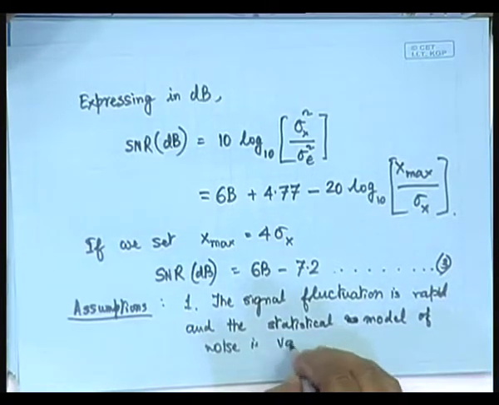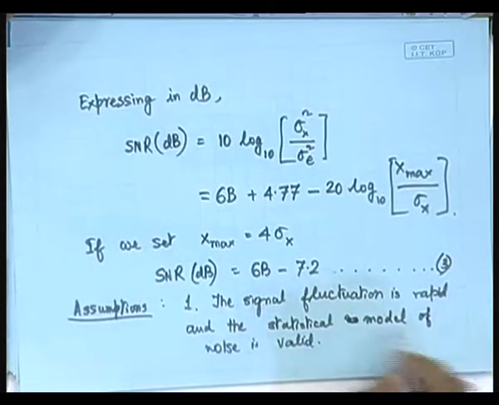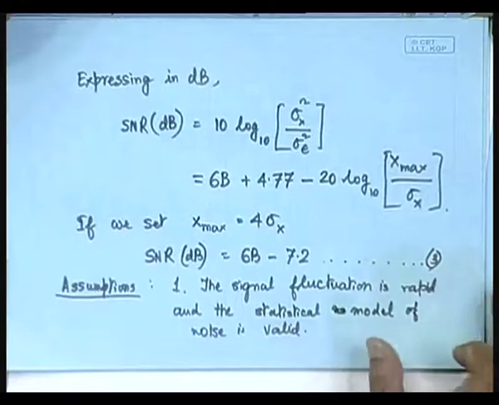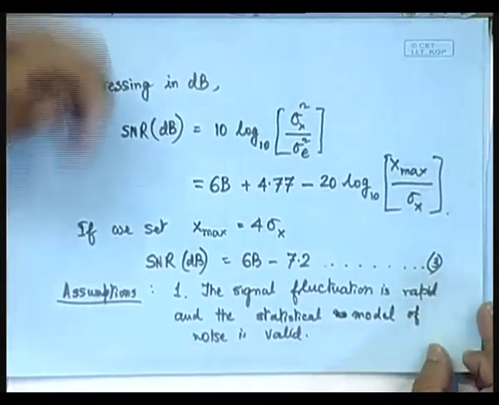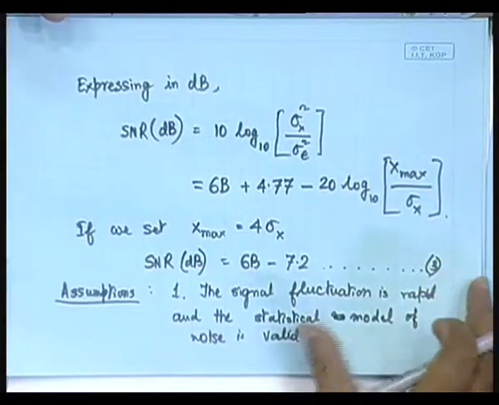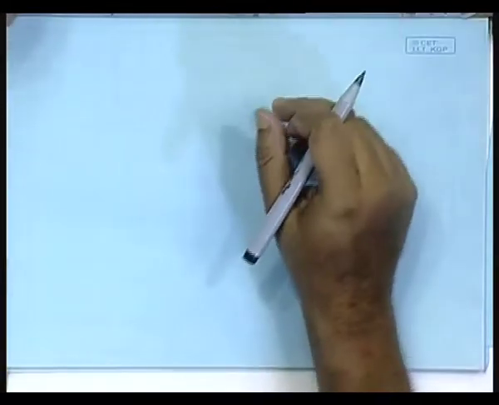Mind you, the statistical model of noise is valid for very rapid signal fluctuations, because then only you can take that the noise signals are uncorrelated with respect to each other, and noise is also uncorrelated with respect to signal. So, without rapid signal fluctuation, you cannot have that assumption anymore.